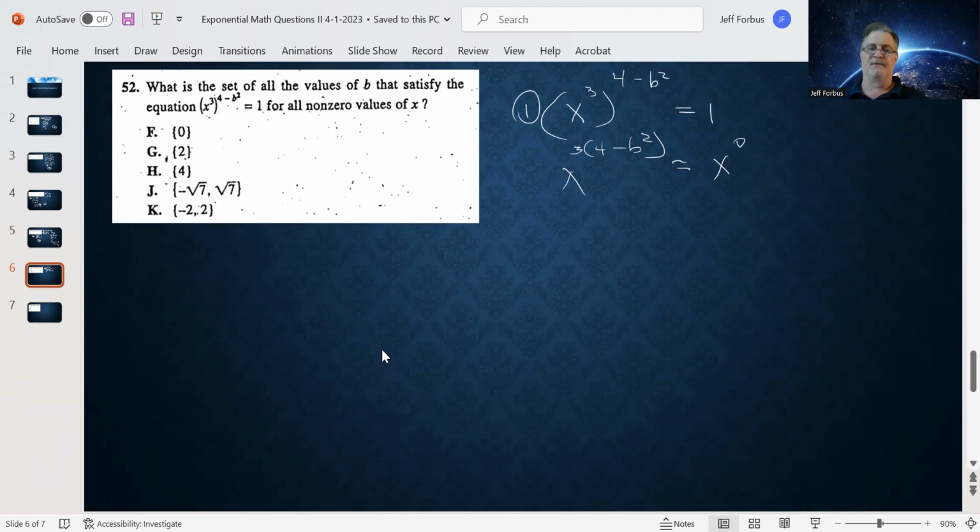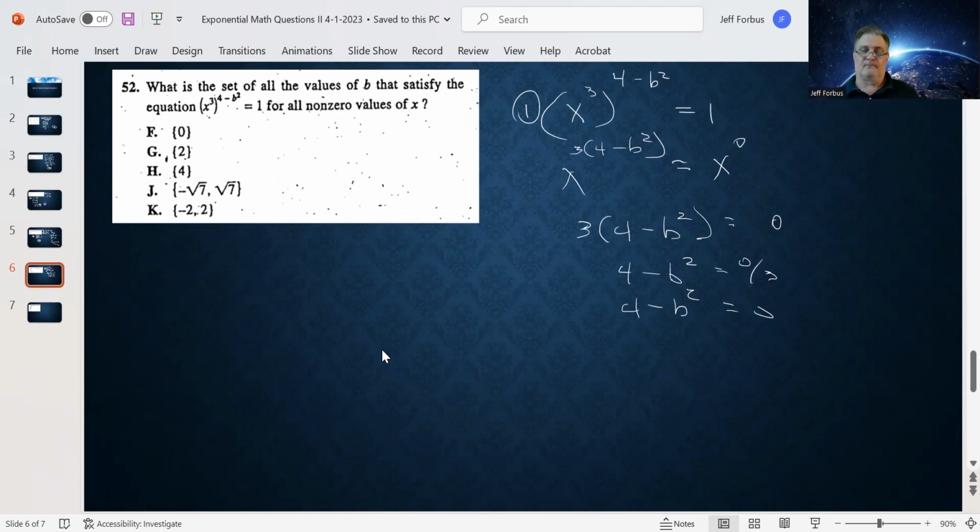Since I have both of these in the same base, I can pull out my powers and begin to solve for b. So 3 times 4 minus b squared is equal to 0. Well, we can divide by 3, and that's going to leave us 4 minus b squared, 0 divided by 3, which is going to give us a 0.